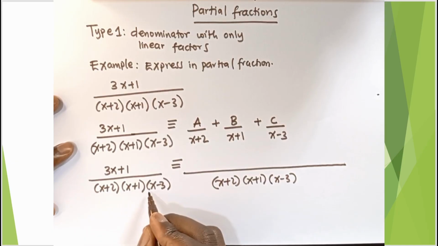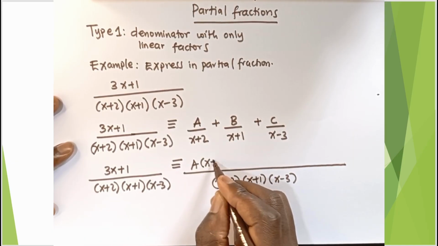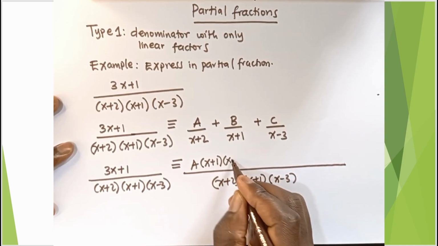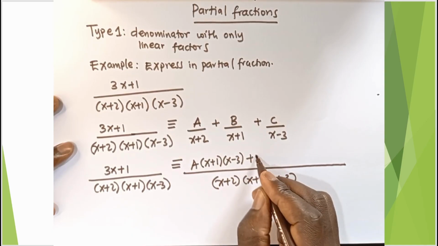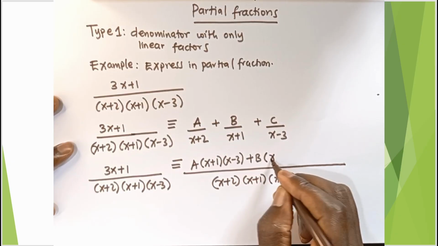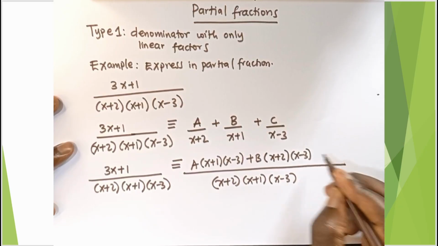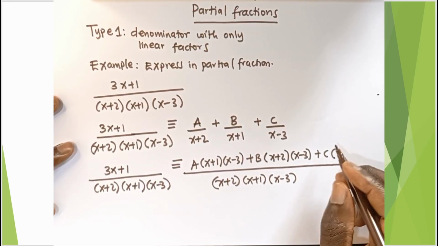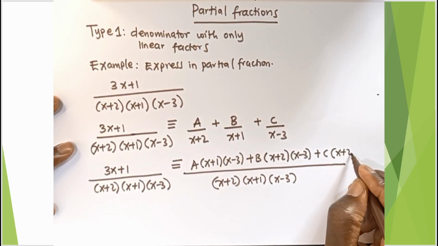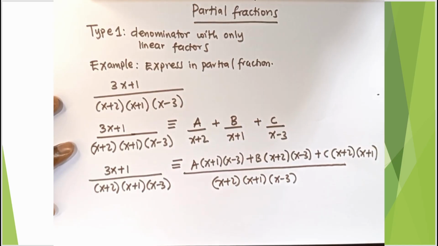Typically it will be this, without doubt. So we shall have A into x plus 1 into x minus 3 plus B into x plus 2 into x minus 3 plus C into x plus 2 into x plus 1.